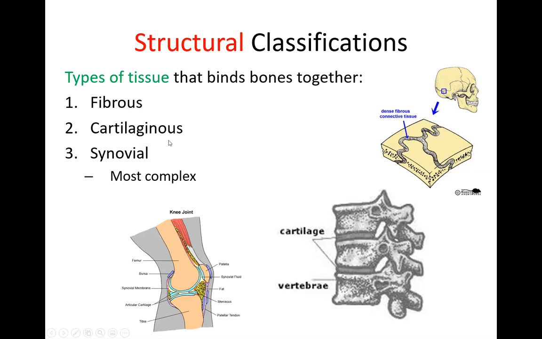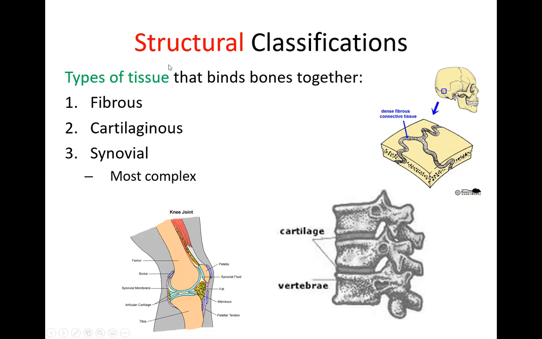The cartilaginous ones have cartilage, either hyaline cartilage or usually fibrocartilage or elastic cartilage. For example, the cartilage pad between the vertebrae makes that joint cartilaginous. And then we have synovial, which are very complex with multiple different types of tissues, and those multiple tissue types just end up classifying them as synovial.